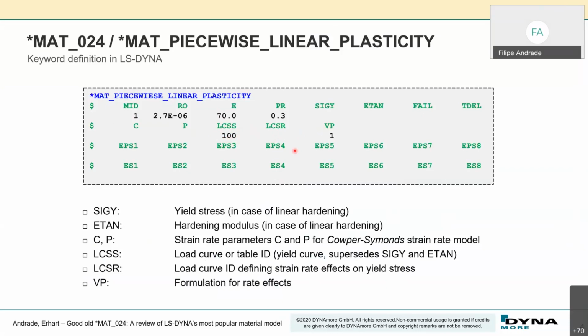And then we have here 2 lines which are historically there. I do not necessarily recommend you to use those lines. You can use them, it's not an error, but I think in the meantime you can use the load curve. It's more flexible, more general. Here, basically, you can input your hardening curve with 8 points: the strains and here the stresses. But again, I think nowadays we all can use load curves, and most of the customers I know are all using load curves.